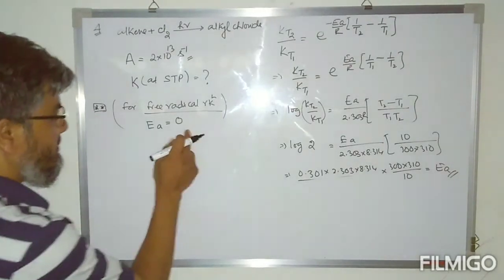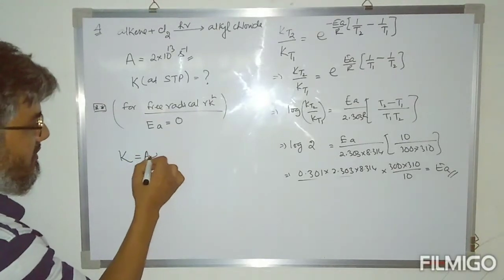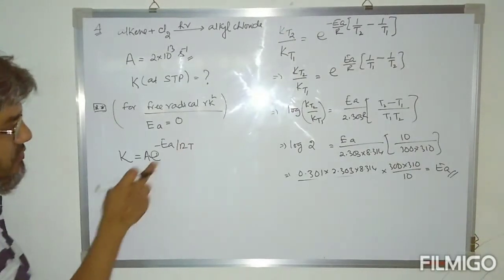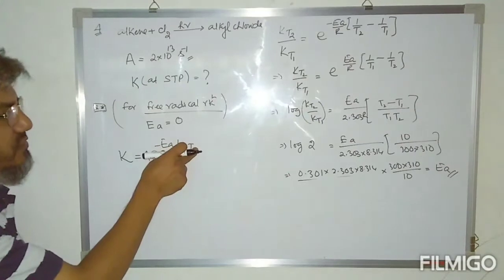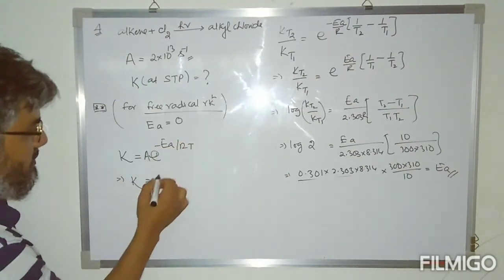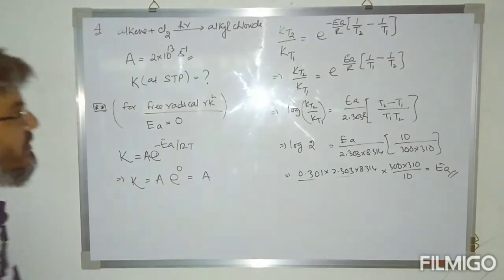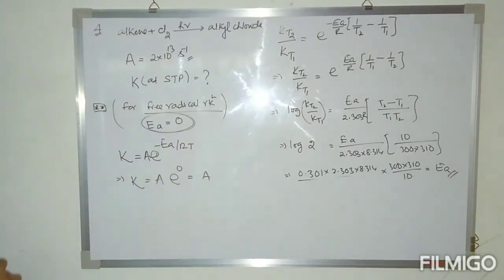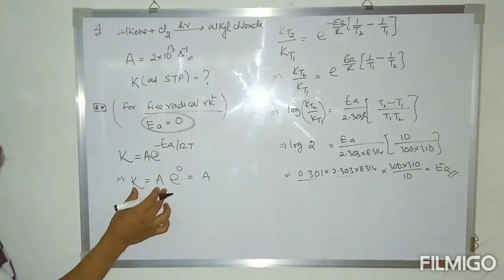So since EA is 0, we have this Arrhenius equation, K is equal to A exponential minus EA by RT. So EA is 0, so exponential raised to the power something, this something comes out to be 0. So e raised to the power 0 is 1, therefore K is equal to A exponential 0, which is equal to A. So that means if the activation energy of the reaction is 0, then the rate constant is equal to the pre-exponential factor.